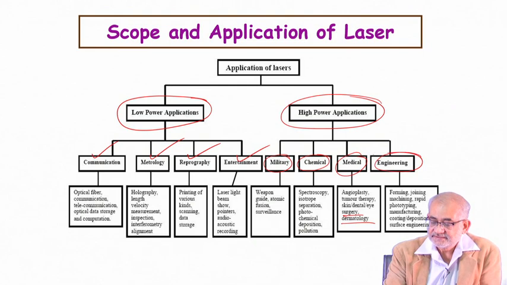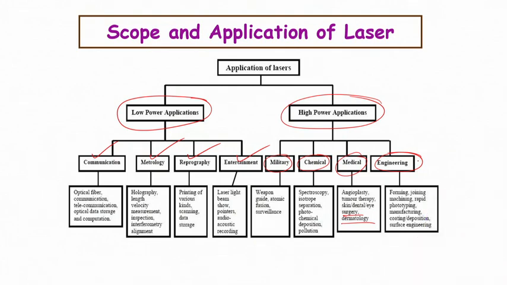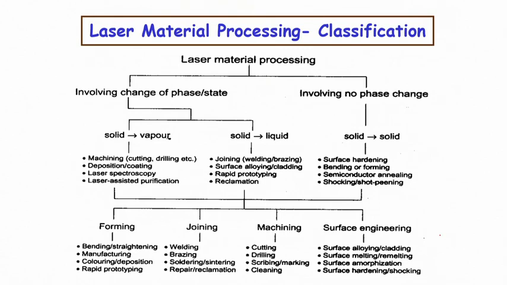But in engineering, we have various possibilities. Typically, for engineering or manufacturing, we call them laser material processing. This can be in the form of forming, joining, machining, prototyping, manufacturing, coating, deposition, surface engineering, so various forms of applications.